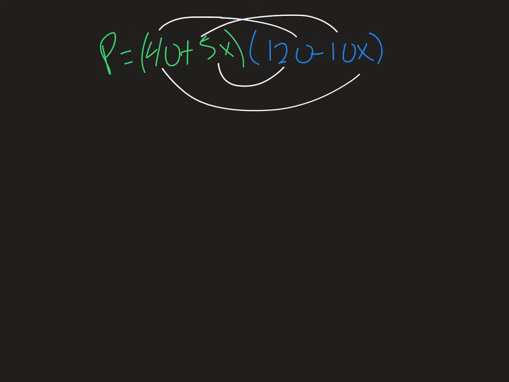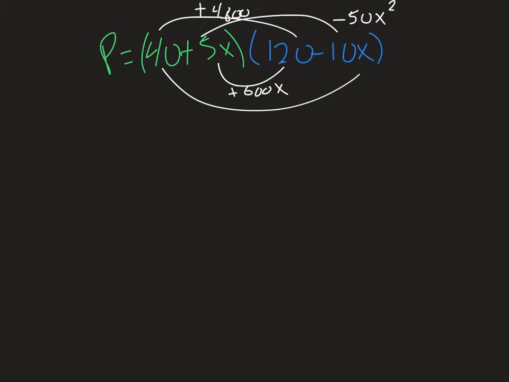So 40 times 120 is 4,800, and it's positive. Then we have 5x times a negative 10x, which is negative 50x squared. Then we'll have 5x times 120, which is 600x.